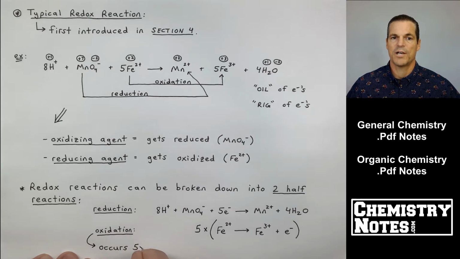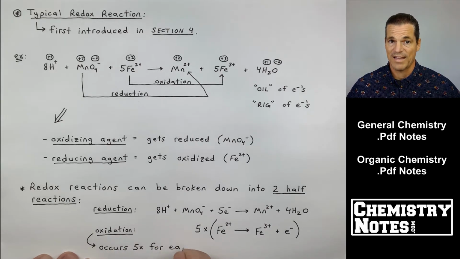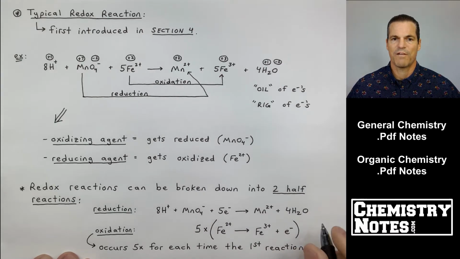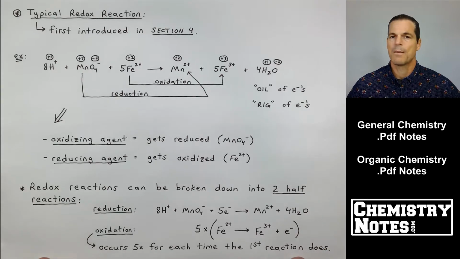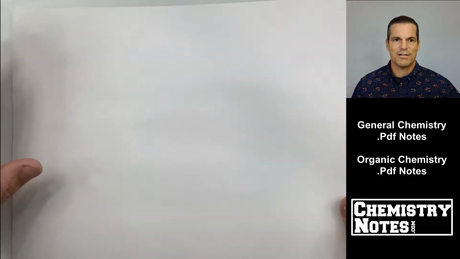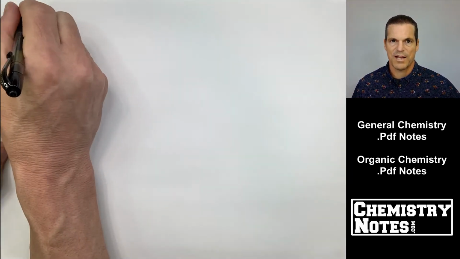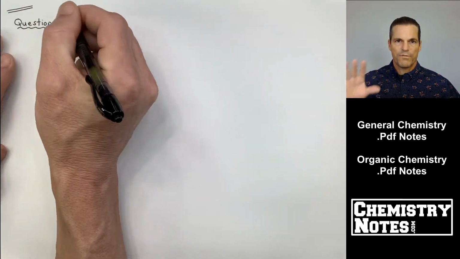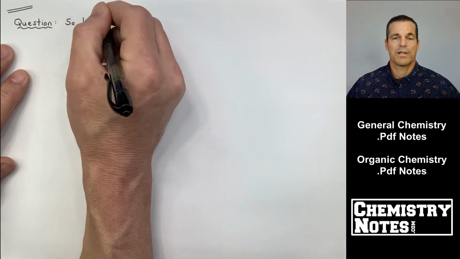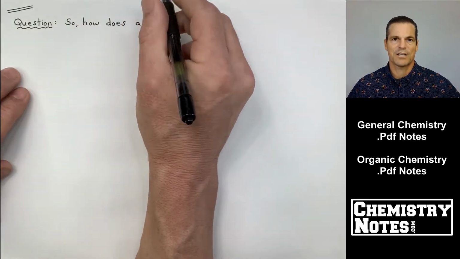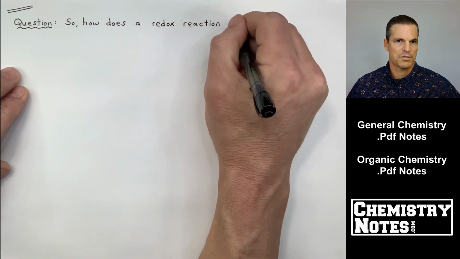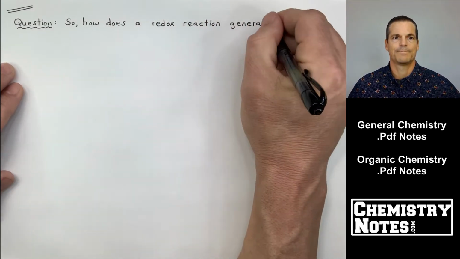However, I have to multiply the oxidation through by 5 because I want my 5 electrons on the right to eventually cancel with my 5 electrons on the left. More on this later. This is not how we're going to approach half reactions and redox reactions. That was just an overview of what we learned a little bit in section 4. We'll have a much better systematic approach later on in section 17.